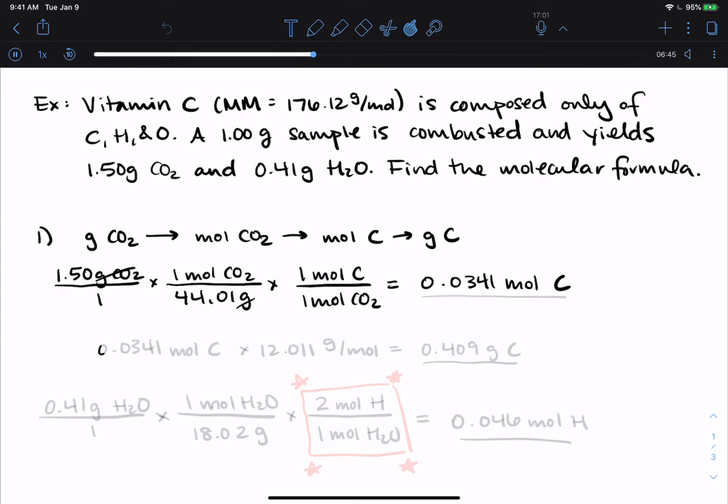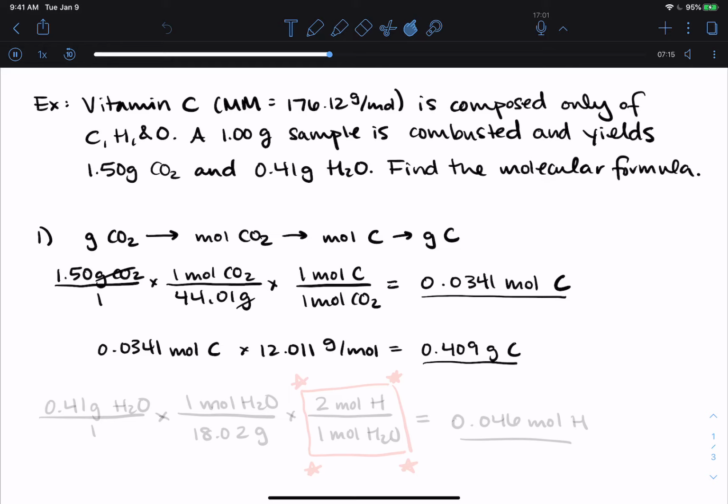So I do still have to take my 0.0341 moles of carbon and multiply that by the molar mass of carbon to find that my original 1 gram sample was 0.409 grams carbon. Okay, so I have 2 pieces of information that I'll need later related to carbon.